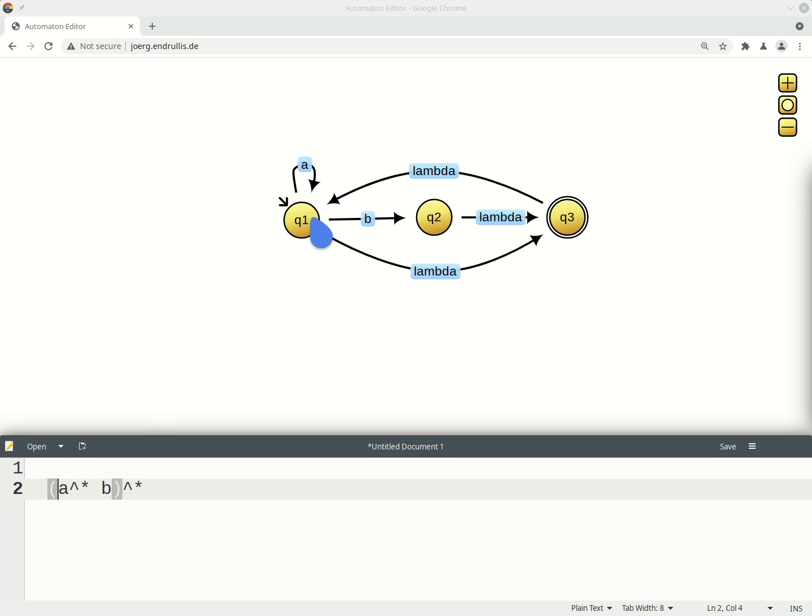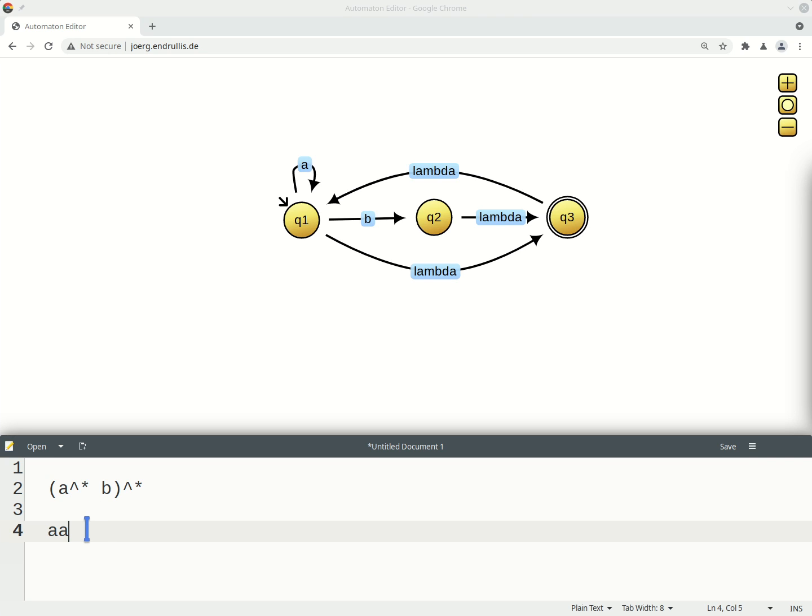So what goes wrong here is that we can read a number of a's. For instance, this automaton can read the word AA, and then we can take the lambda transition to a final state. So the automaton shown here accepts the word AA.